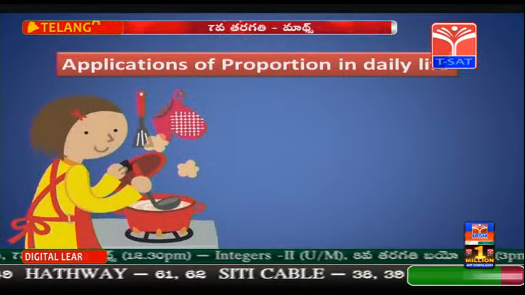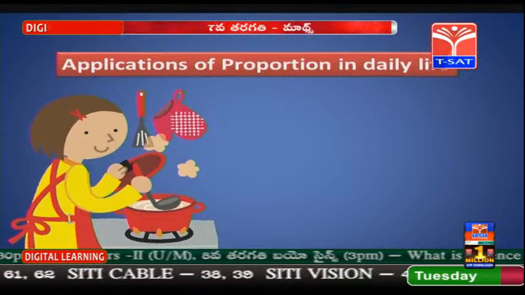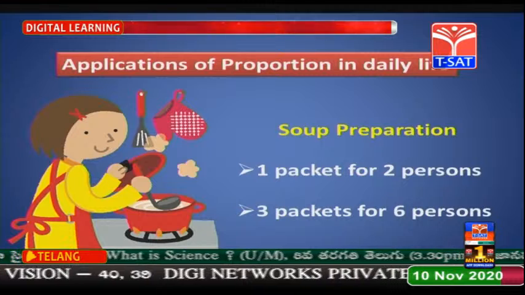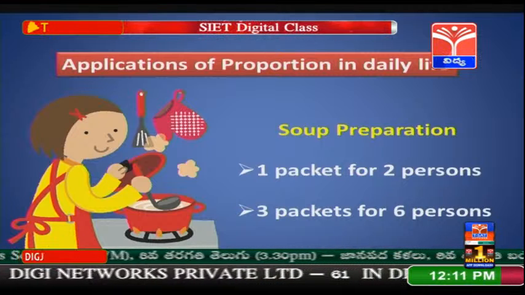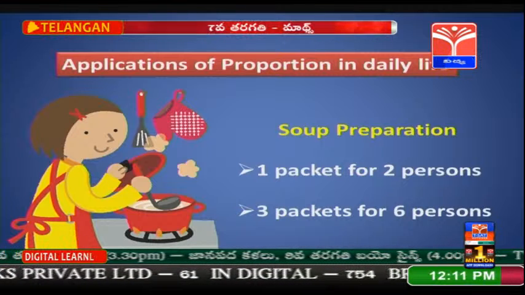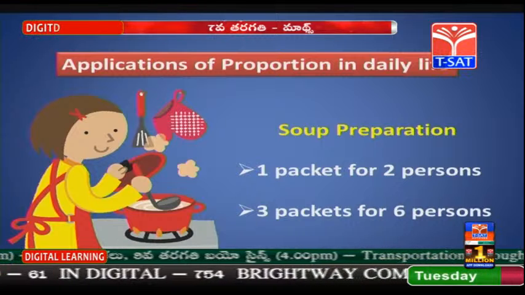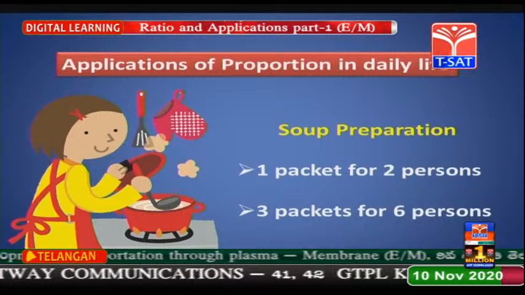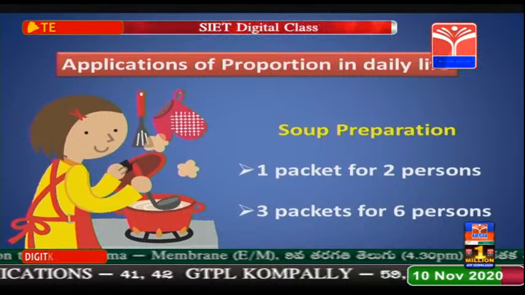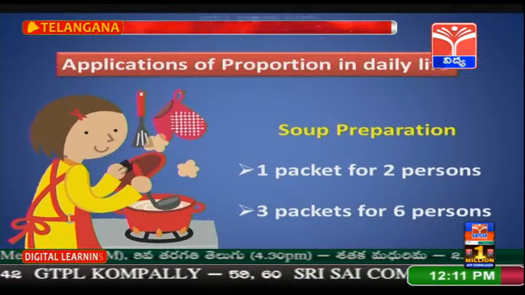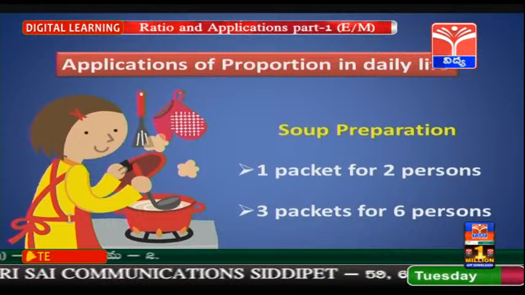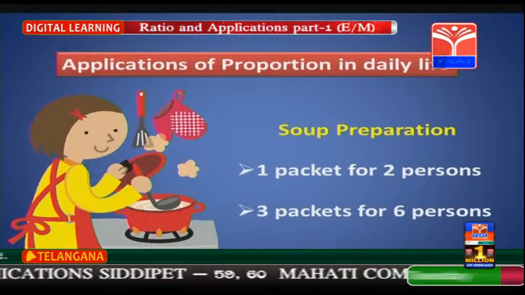Yes, children, you might have seen your mom cooking in the kitchen, right? Now, suppose to prepare soup for 2 persons, you need 1 packet of soup, right. Now, suppose if there are 6 persons, how many such packets are required? That is right, you need 3 packets. That means, this is an example of proportion.